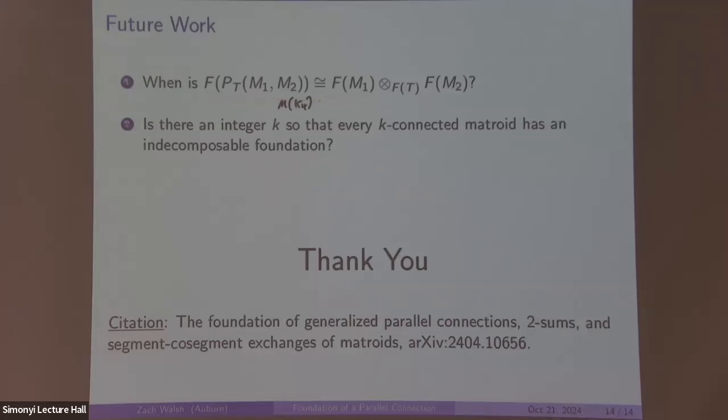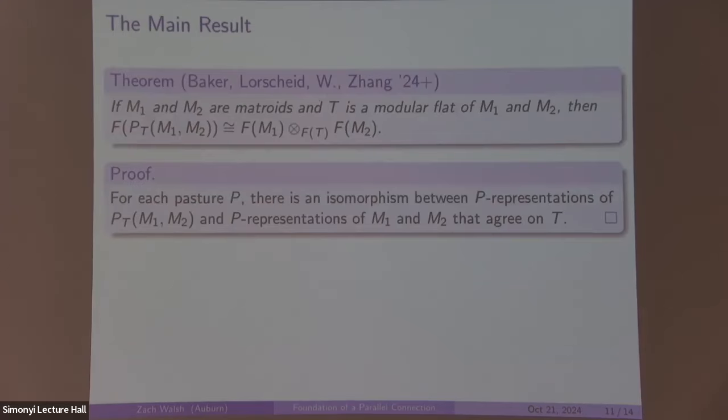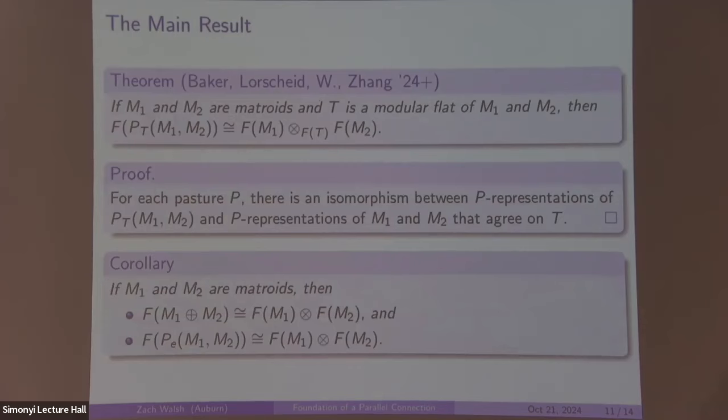I think you mentioned it a little bit in your corollaries, but could you say some more words on this yoga of going from a result in foundations of matroids to saying where they're representable? Let's see. Maybe it was the corollary on the next slide.